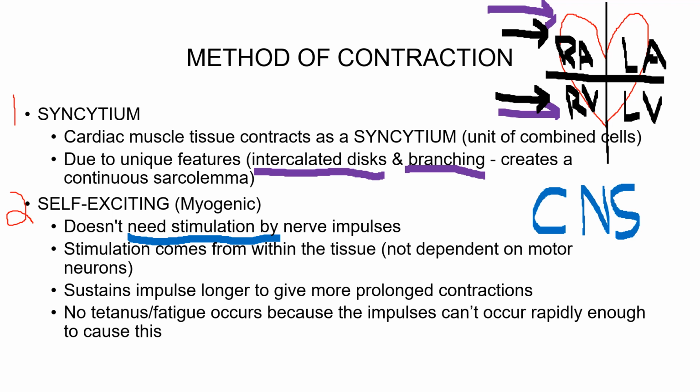And another cool thing, one last note, is there is no tetany or fatigue with the heart. Thank goodness, right? Ever since we were born, our heart has hopefully been beating at a normal pace. And it's because, well, we'll talk about how the calcium and depolarization is a little different inside the heart, how the heart cells get excited. But the impulses don't occur rapidly enough to cause this.